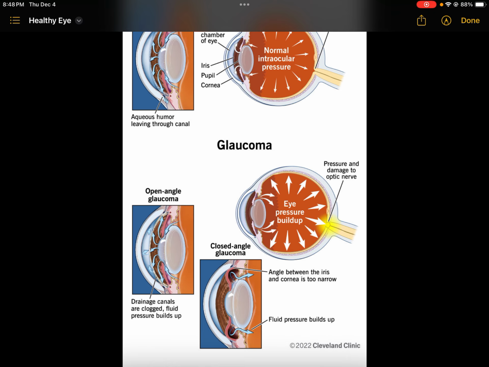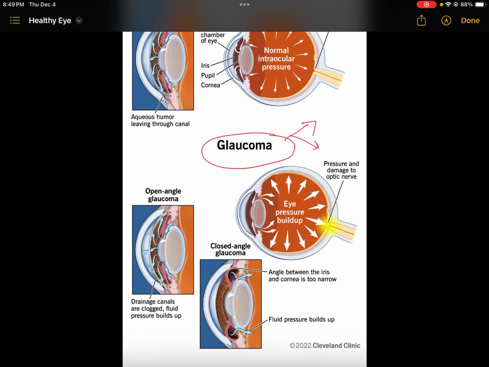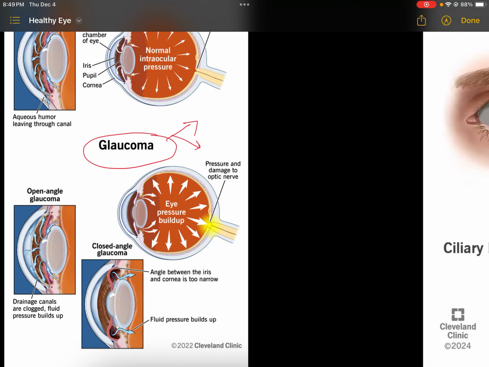Also the effect of acute congestive glaucoma and absolute glaucoma. Absolute glaucoma is an irreversible type of glaucoma where blindness of the eye occurs.